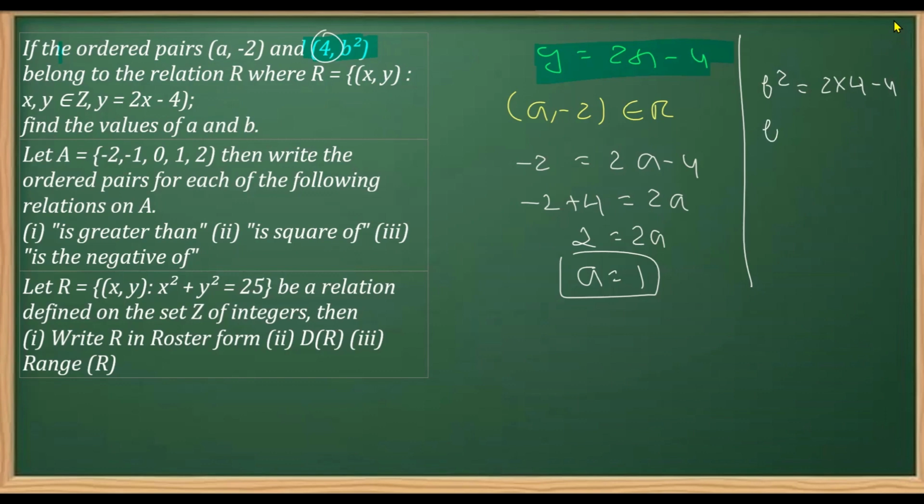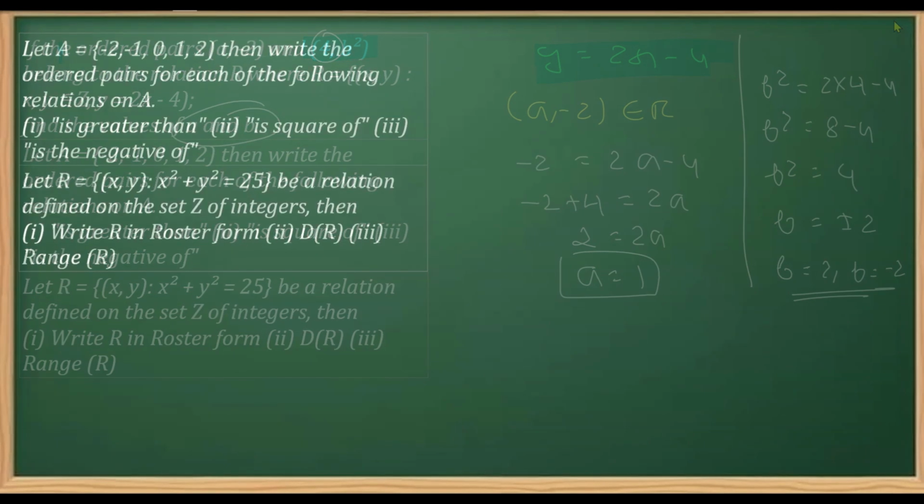So this gives you what? b² is equal to 4 into 2 is 8, 8 minus 4. So b² comes out to be 4, and as you can see, a and b belong to integers. So it will satisfy both the values, that is plus 2 and minus 2. So b can be 2 or minus 2. So we have these as the values of a and b.